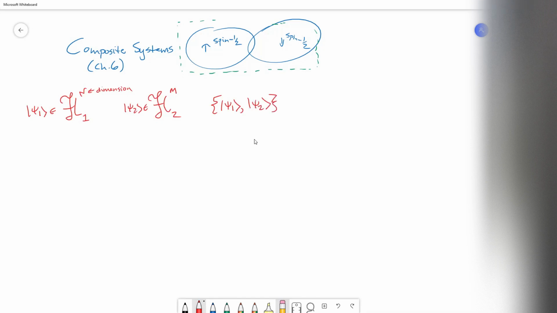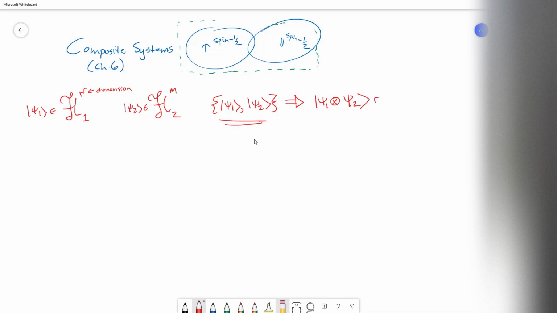And in order to avoid writing curly braces everywhere, this is often denoted as a tensor product state, where you say what it is in the first Hilbert space, you add this little tensor product, and this is what it is in the second one. But it's just like writing it as a little collection of vectors. So that's the notation.